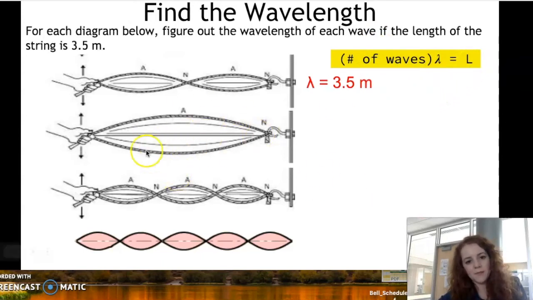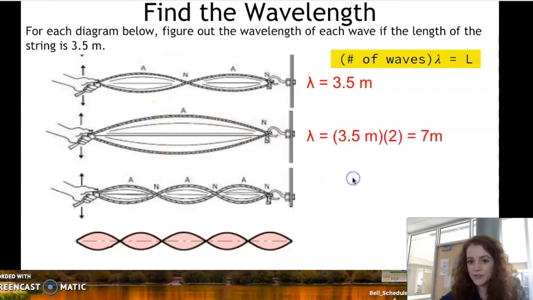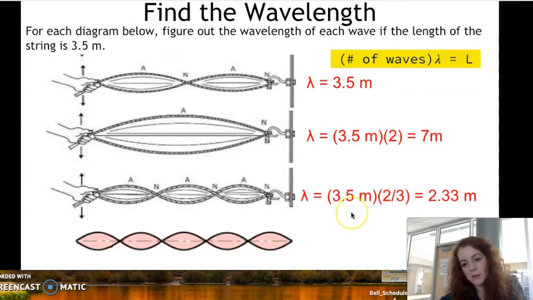Okay, now what about this one? This is half a wave, so that means half of a wavelength times wavelength gives me 3.5. So 3.5 times 2 is the same thing. This one, we've got 1.5 waves. So that would be 3.5 meters divided by 1.5, or multiplied by the reciprocal.